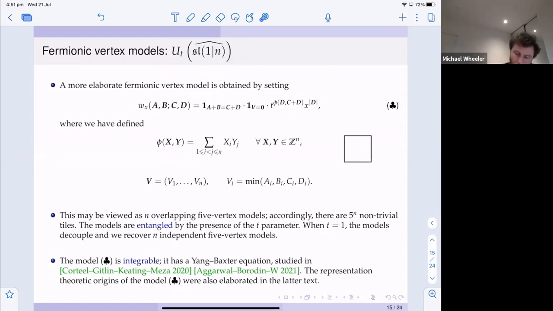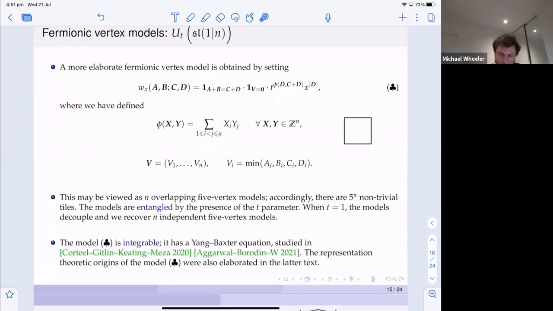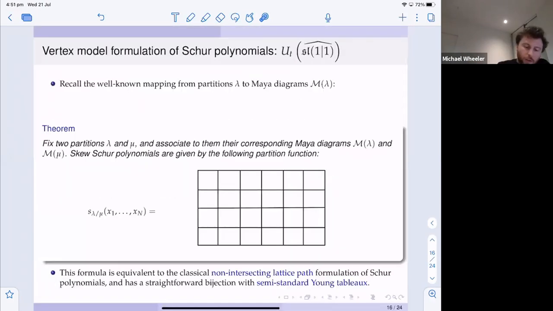Okay, so let's now pass to the polynomials. In order to give the formula for the polynomials, we need to use this mapping between partitions and Maya diagrams. I already alluded to this earlier.